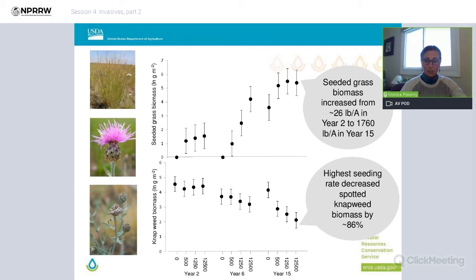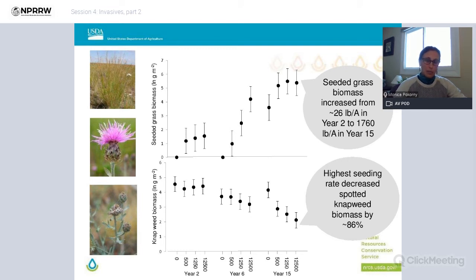So we're addressing species availability here. And then we broadcast seeded either intermediate wheatgrass or bluebunch wheatgrass. And then there was also a biocontrol agent. There were actually several biocontrol agents on the site that continued to impact the spotted knapweed.